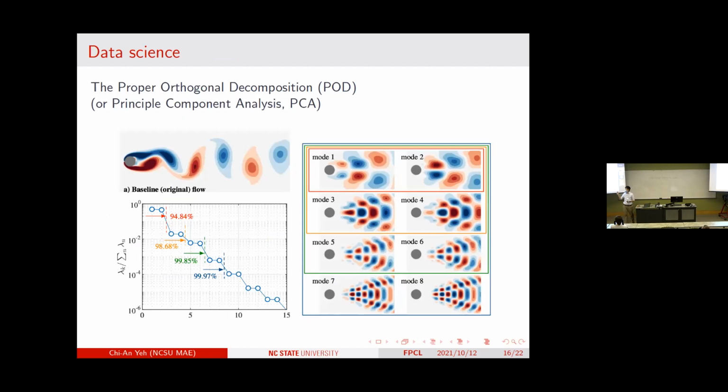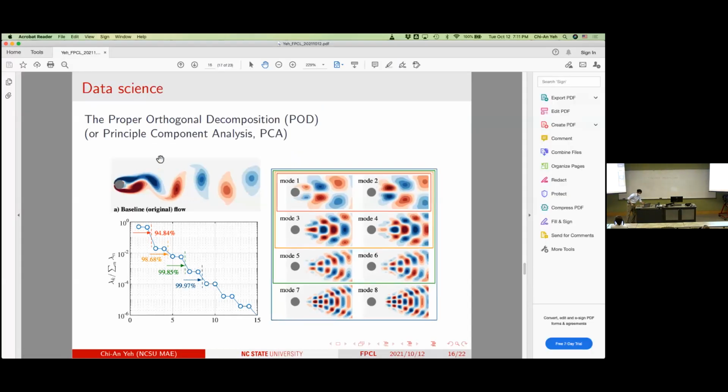Okay, one of the things I think is very useful from a data science point of view is called the proper orthogonal decomposition.